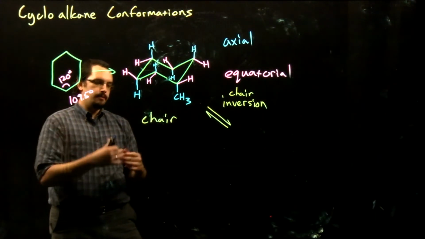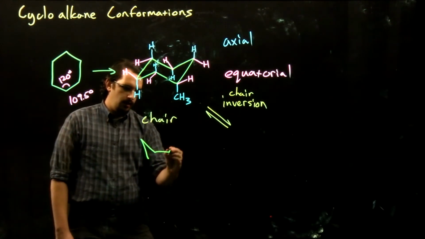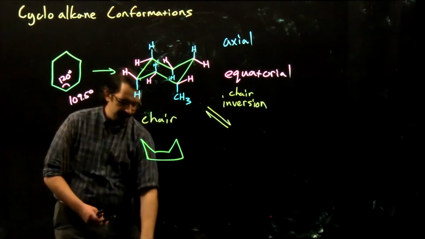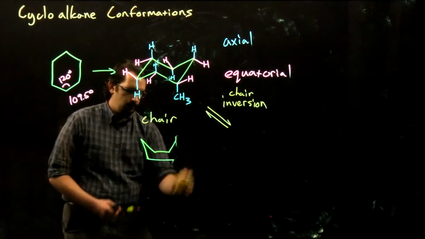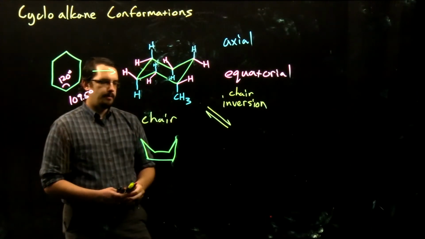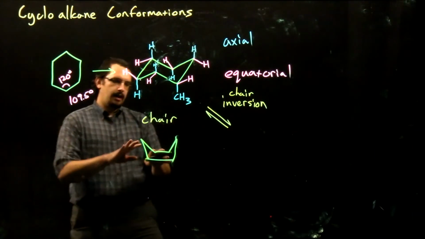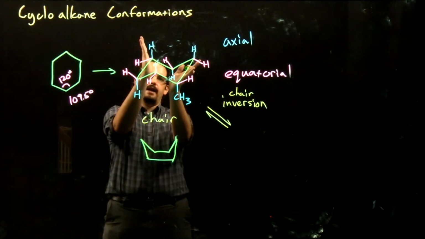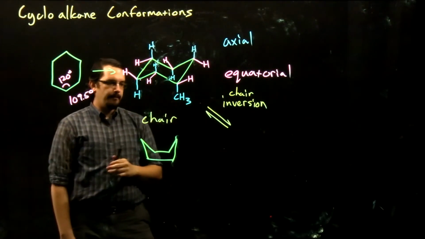It could switch to the boat. Again, in the boat we would have our cyclohexane with both ends pointing up. We end up with this structure here, both ends pointing up. Once we get into the boat conformation, between the boat and chair we essentially just have to bend one side up to get to the boat shape, and you would bend it back down to get back to the chair.